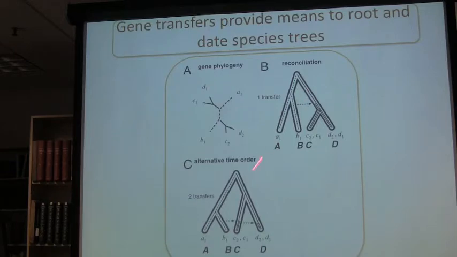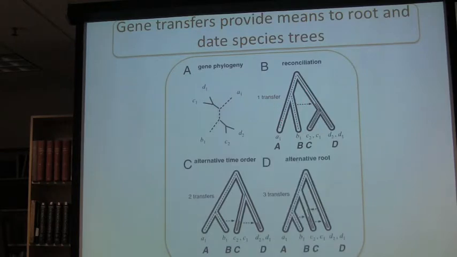So thanks to this idea, we can discriminate between different time orders on a given species tree. And in fact, we can also root the trees because different roots will give us different numbers of events.